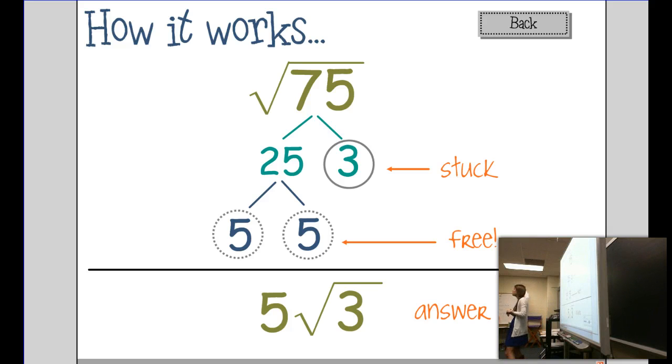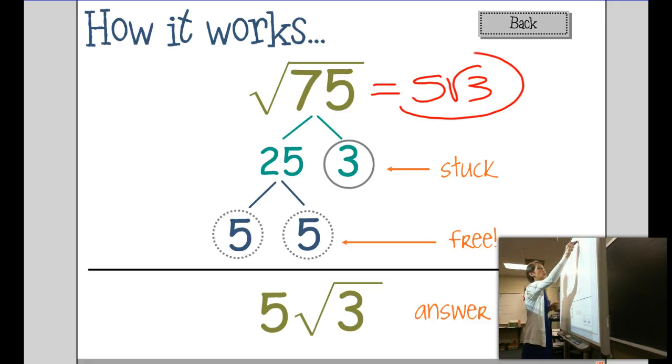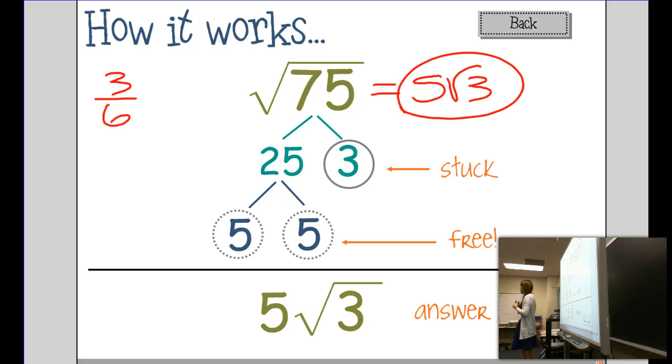And that is called simplifying a radical. So the square root of 75 simplified is 5 root 3. What does simplify mean? It's kind of like taking 3 over 6, and you would never write that as an answer. You would write 1/2. Think of it as reducing a fraction. That's what we're doing when we're simplifying a radical.